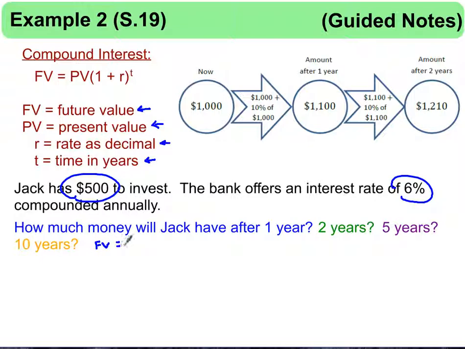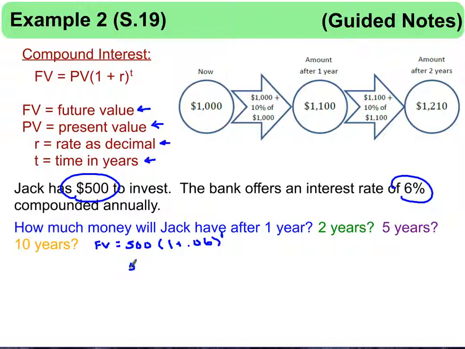So if we know that our present value is $500, the amount that I initially invested into the bank, I would put 1 plus my rate, which is 0.06, and I'm going to raise that to the first power, or in other words, which would represent 1 year. So I could simplify a little bit if I wanted to.